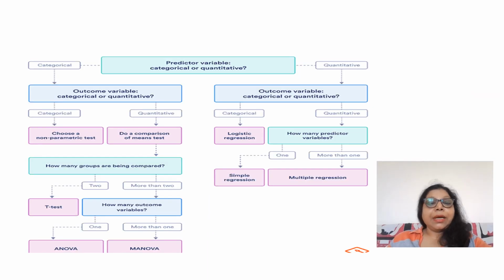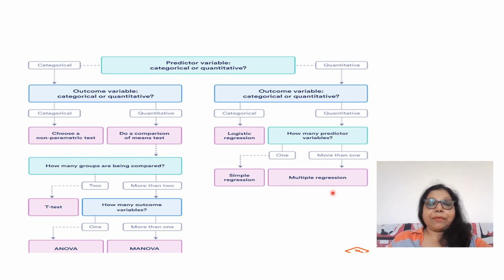Not only this, I have also brought you a small chart which can tell us, depending on our type of variables, which test should be used. So here, as you can see, we have predictor variables, which can be categorical or quantitative.